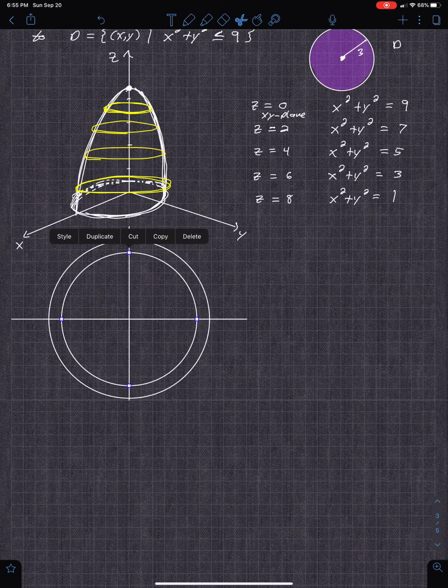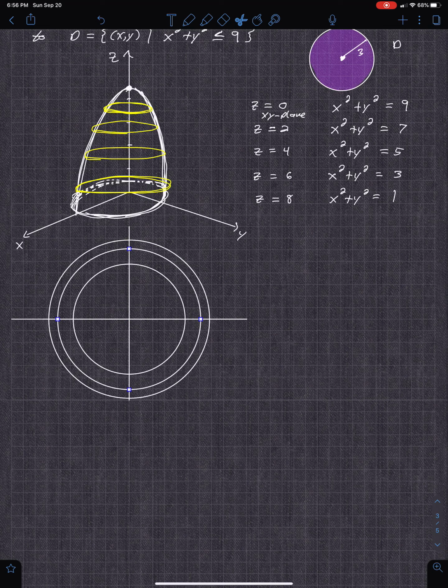And then paste it again. You get another circle, but it's even smaller, maybe like that. I'll try to make it a little better to show what I'm trying to show you. I'm exaggerating a little bit here what's happening.